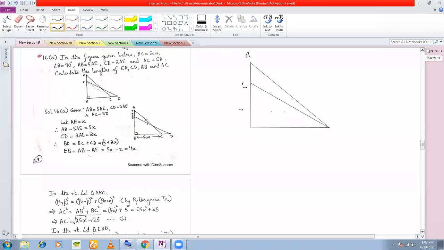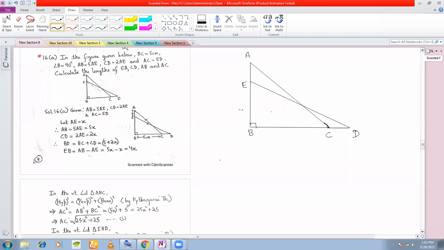A, E, B. This is a 90-degree angle given to you. And I drew the wrong diagram. This is the diagram. So this is C, this is T. Okay. This is what is given.